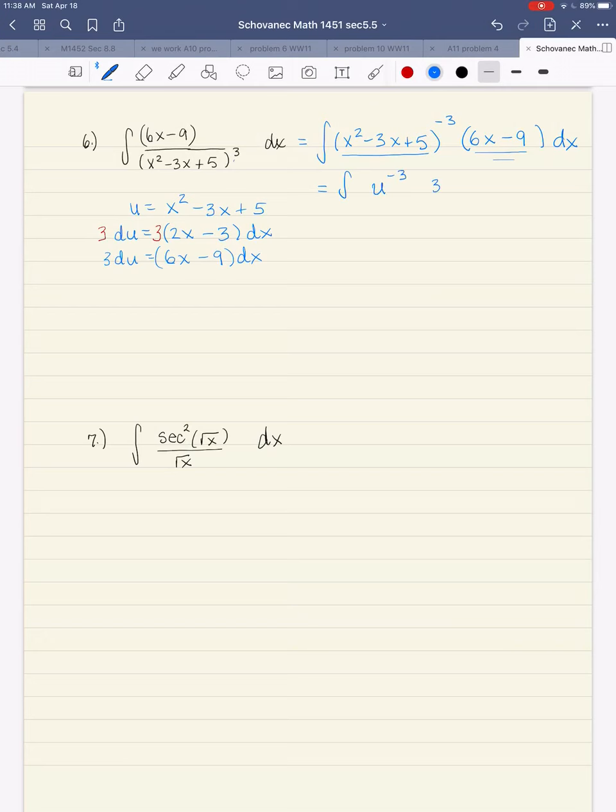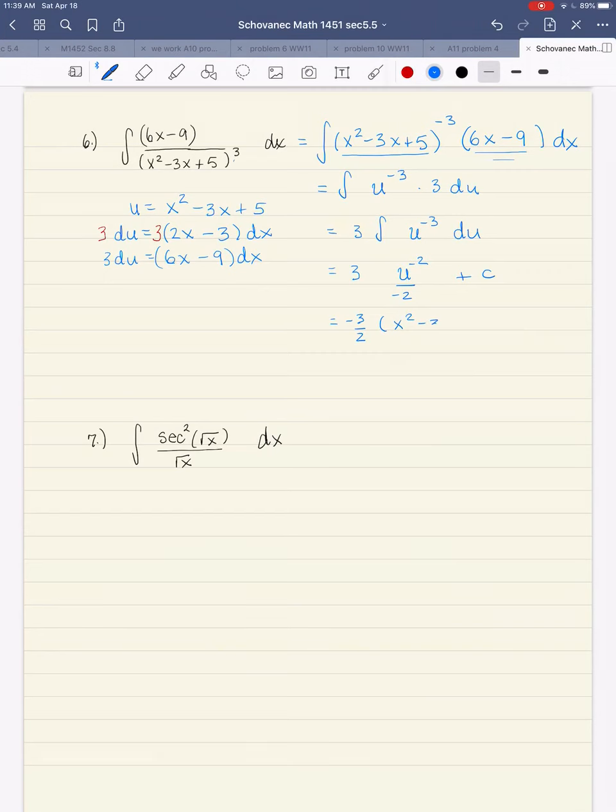Now rewrite it. This becomes u to the negative 3, and 6x minus 9 dx is 3 times du. Again, the 3 comes out, and we're integrating u to the negative 3 du. That's your basic power rule. Add 1 to the power, divide by the new power. When you add 1 to negative 3, you get a negative 2.